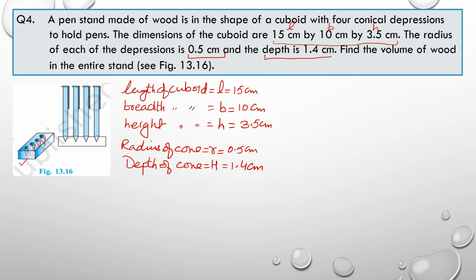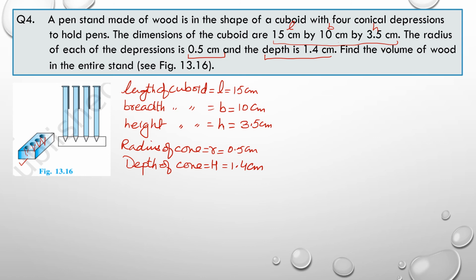See figure 13.16. Again, the figure for this question is given in NCERT, so I have copied it from the NCERT textbook. Now, how was this pen stand made? 4 conical depressions were made in a cuboid. So we have to subtract the volume of 4 cones from this cuboid.